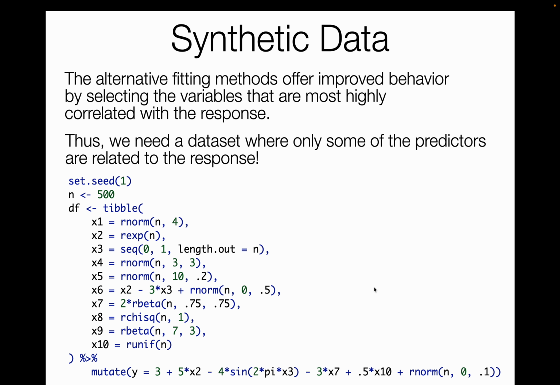I did that to give us a variety in how the data is made, but nonetheless, x2, x3, x7, and x10 were taken into account when making y, and some of them weren't.